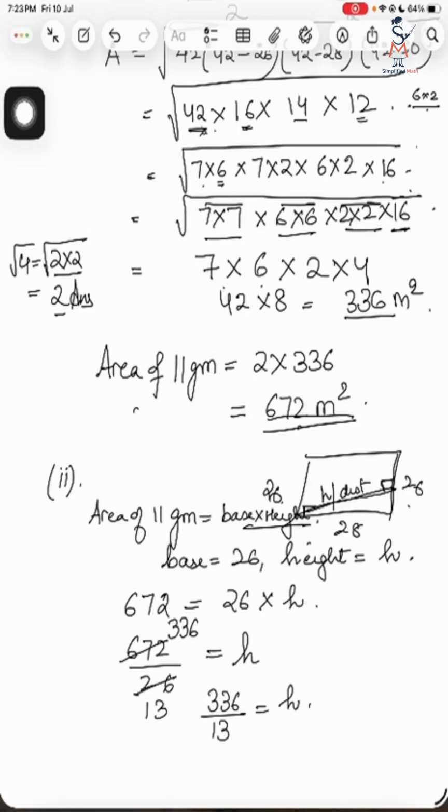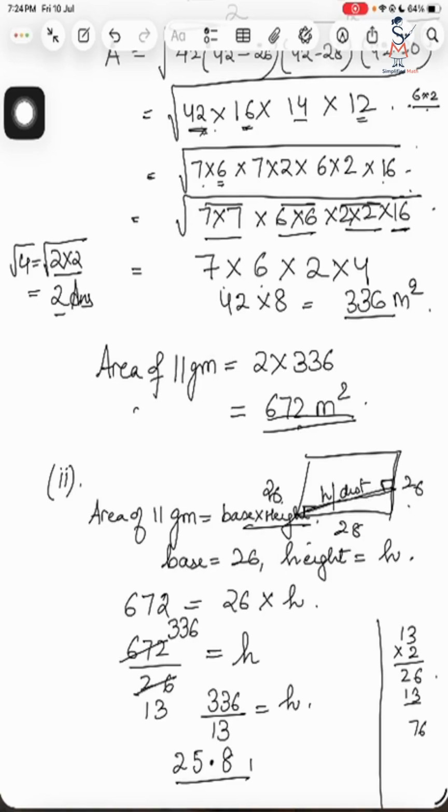When I divide 336 by 13, I will get somewhere around 25.8.